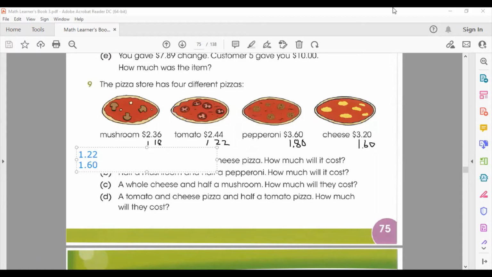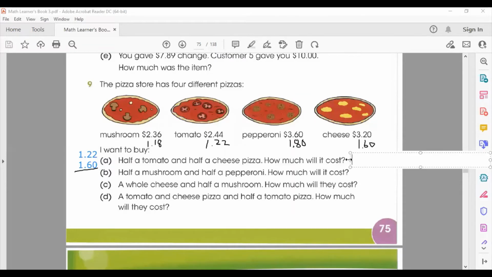Now we have made half, it's easy to calculate. 8 plus 0 equals 8, and 1 plus 6 equals 7, and the point as it is, and 1 plus 1, 2. So what's the cost of half a tomato and half a cheese pizza? It's $2.78. So we can put the dollar sign also.